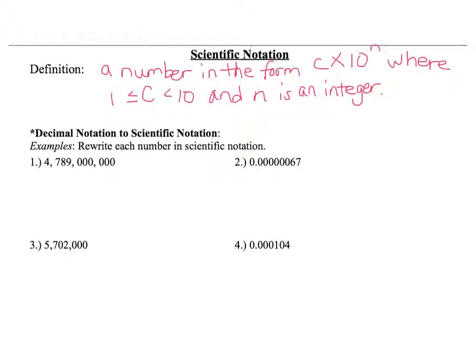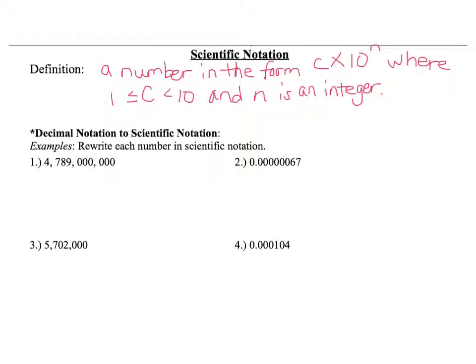To transfer numbers from decimal notation, or your normal everyday number, to scientific notation, we need to take the decimal from its current position and move it so that it is to the right of one single non-zero number. The number of places we move the decimal will give us the exponent on the power of 10.